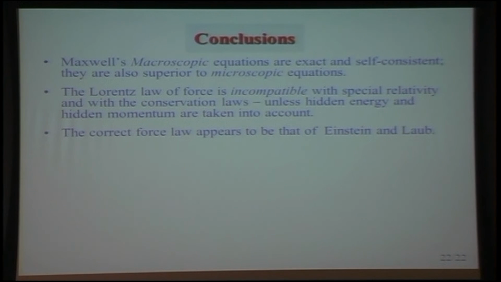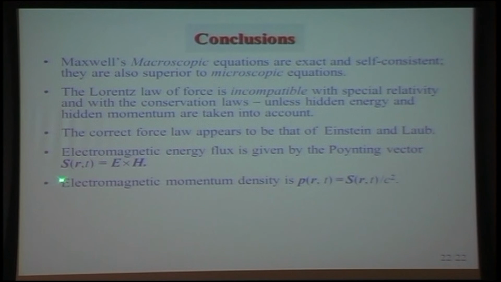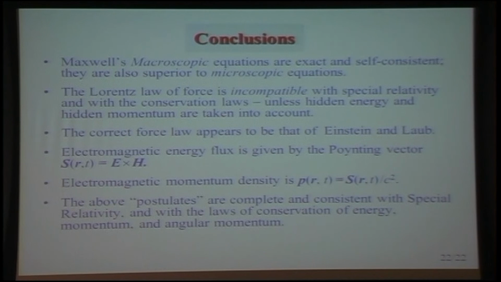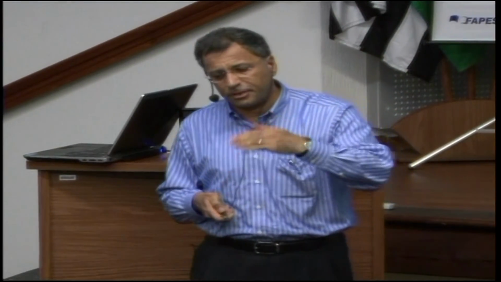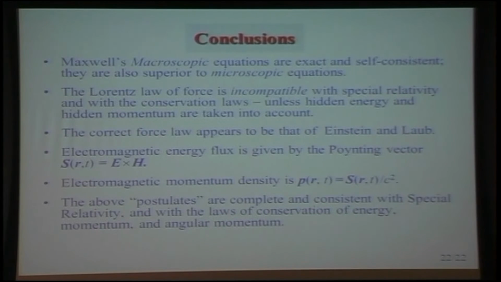The correct force law, I believe, is Einstein and Laub's. Everything we need to know about energy is given by the Poynting vector. The electromagnetic momentum density is given by the Abraham formula. And the angular momentum is also given by the Abraham formula, both for spin and orbital angular momentum. And these postulates are complete, consistent with special relativity, consistent with the conservation laws of momentum, energy, and angular momentum. Thank you very much for your attention.